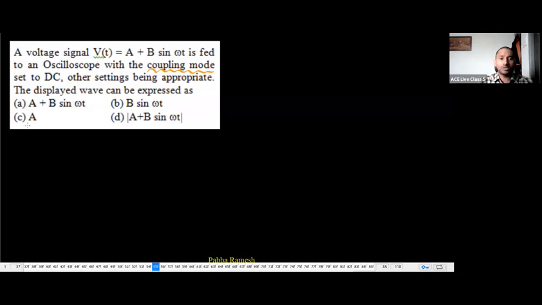No. C option is only A. What do you mean by that? Only A means only DC mode. No. The second option is only sinusoidal AC mode. No. But this is AC coupled with DC, which means both. So automatically the answer is A option. AC DC combination mode. Therefore, the first option is the answer.